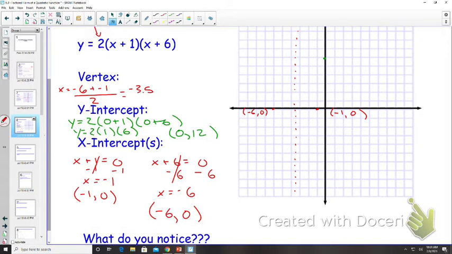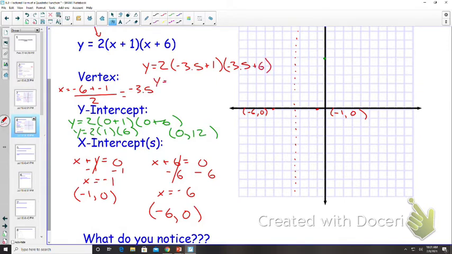So at x equals negative 3.5, we can just substitute that into our original equation. We'll do the same thing. So y is equal to 2 times negative 3.5 plus 1, multiplied by negative 3.5 plus 6.